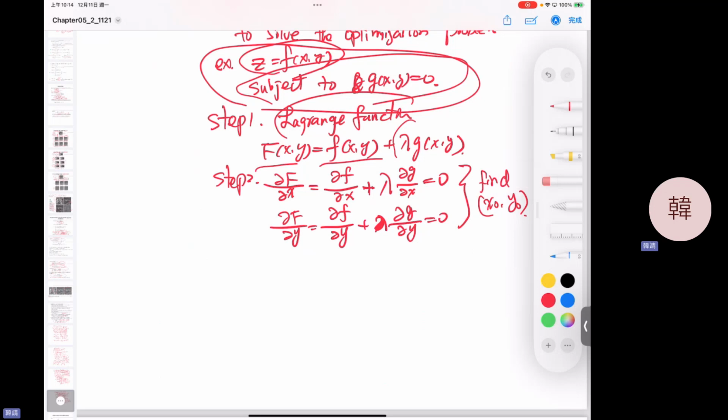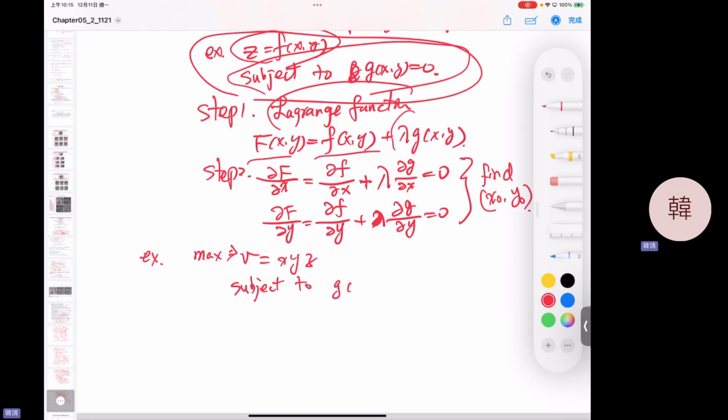So we have an example of maximizing V equal to xyz. Later on, we are going to minimize, for example, the smoothness of your image, and constrain it to some condition, subject to g(x,y) equal to our constraint, 2xy plus yz plus xz equal to a squared.